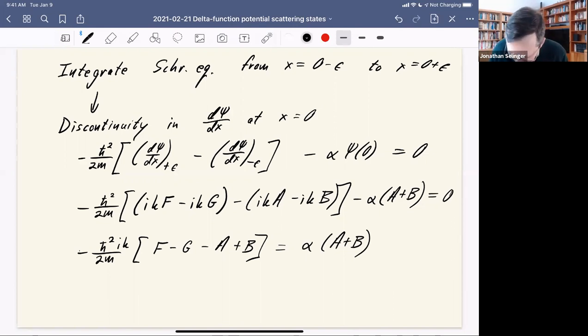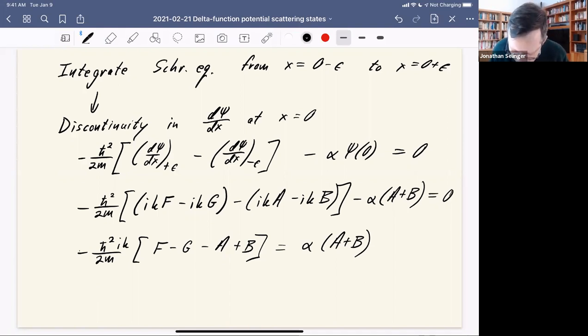It worked, but I did it before. What was the trick? Okay, I know I had a good trick for this. Let's get F and G on one side and A and B on the other side.